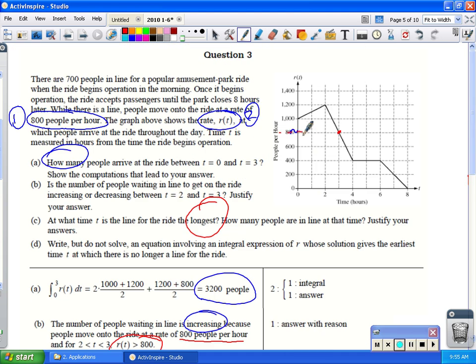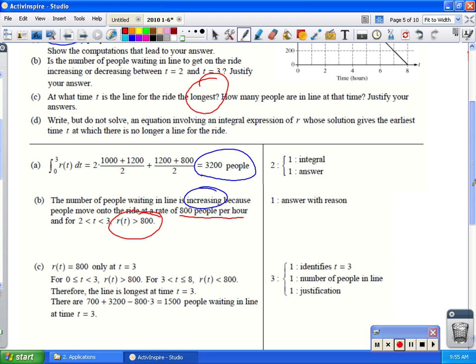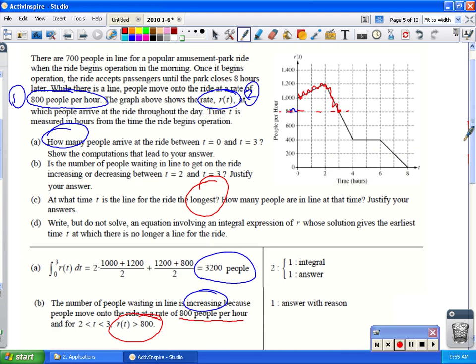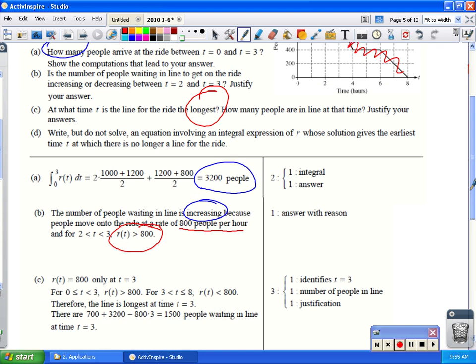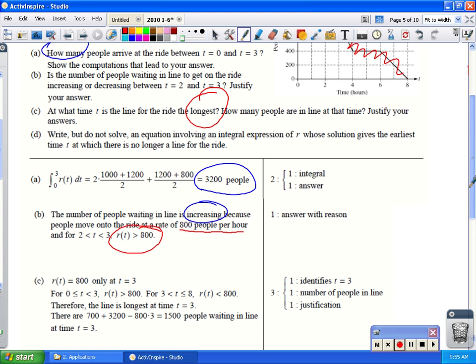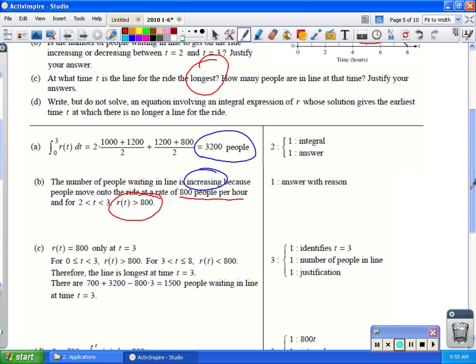So that's what they're saying. You can see from here to here, R of t was always greater than 800. And then from 3 to 8, R of t was less than 800. Therefore, the line is longest at time t equal to 3. So it's like saying the people are increasing here and they're decreasing here, so the greatest occurs at time t equal to 3.